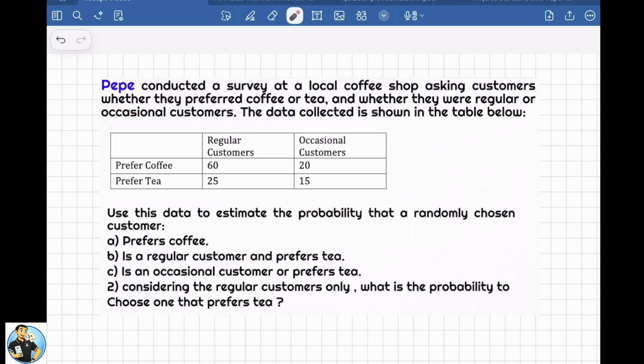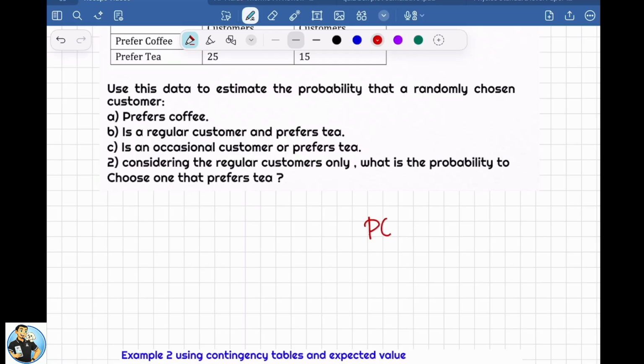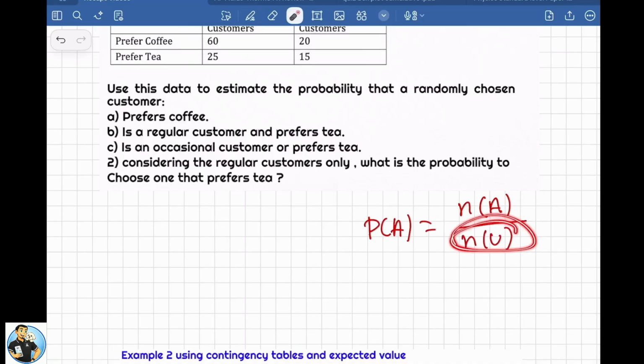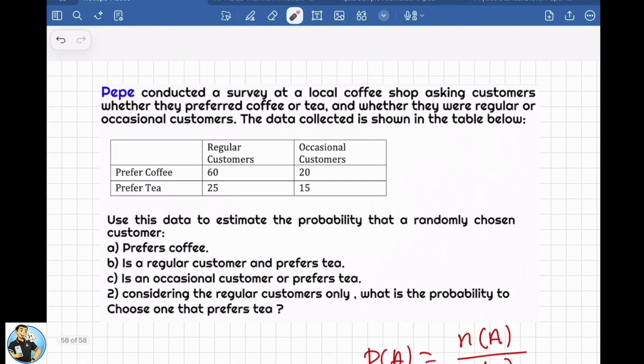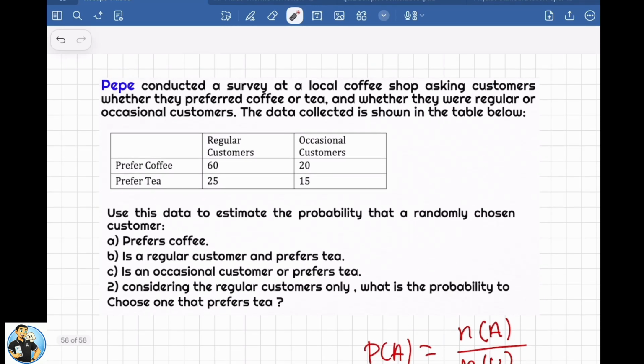If you remember the formula, let me write it down: the probability of the event A is the number of times this event A can be true divided by the number of outcomes. This is important. So basically, what we must do first is find the number of outcomes, all the possibilities.